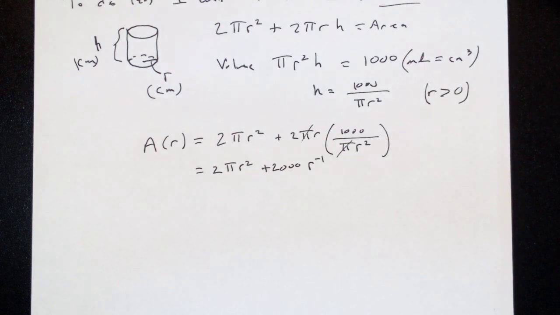I now have a function of R. I want the minimum area. So take a derivative, find me some critical numbers, show me what we have as a minimum.